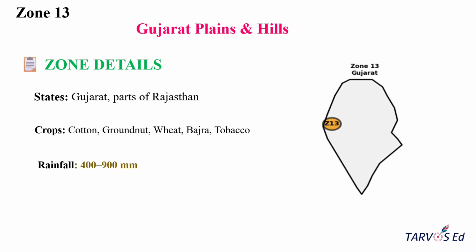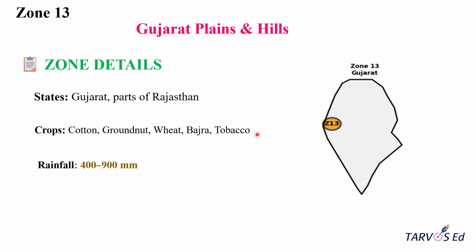And this is zone 13, the Gujarat plains and hills. This part usually covers Gujarat and parts of Rajasthan. The rainfall here is moderate to low, ranging from 400 to 900 mm annually. So most farming here depends on the rain. It is a rain-fed region with some irrigation support. The main crops grown are cotton, groundnut, wheat, bajra, and tobacco.